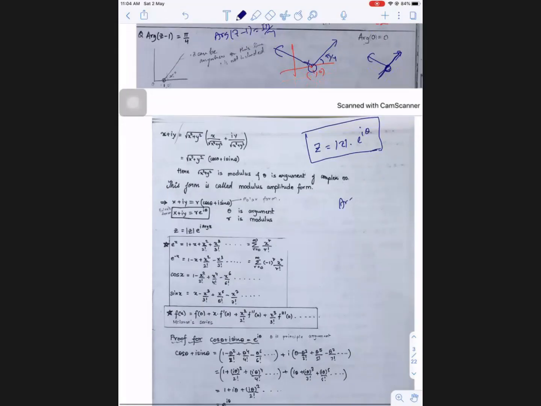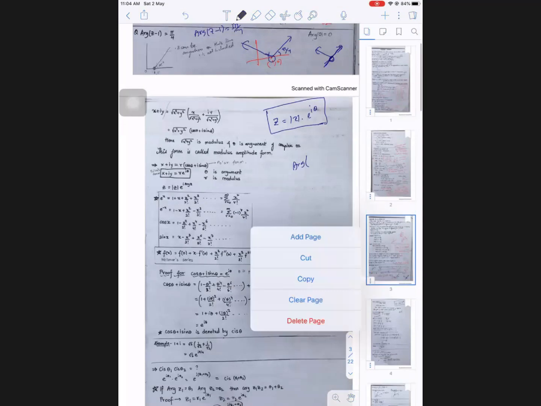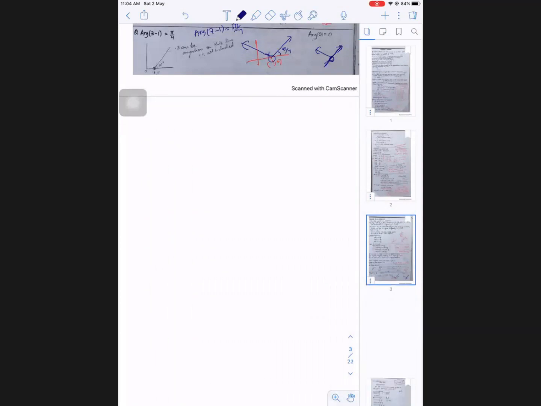Next, in these arguments, what is the meaning of argument of z1 by z2? The argument of z1 minus z2 we discussed. This is z2, z1 is here, this argument. Then what is the argument of z1 by z2?